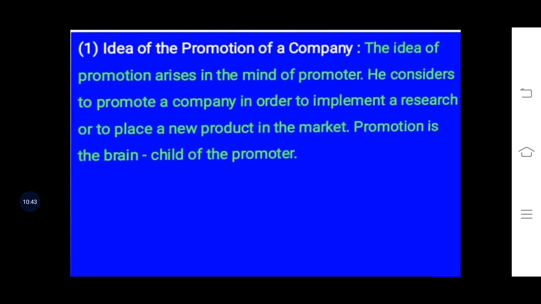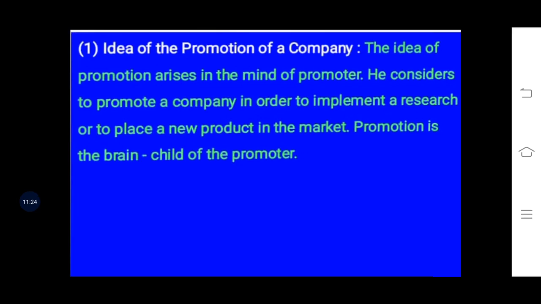He considers promoting a company in order to implement a research or to place a new product in the market. Promotion is the brainchild of the promoter. That means beginning a company is the brainchild of a promoter. So the promoter is the most important person, without whom the idea of the company cannot even begin. So this is the first step and first person for commencing the company.